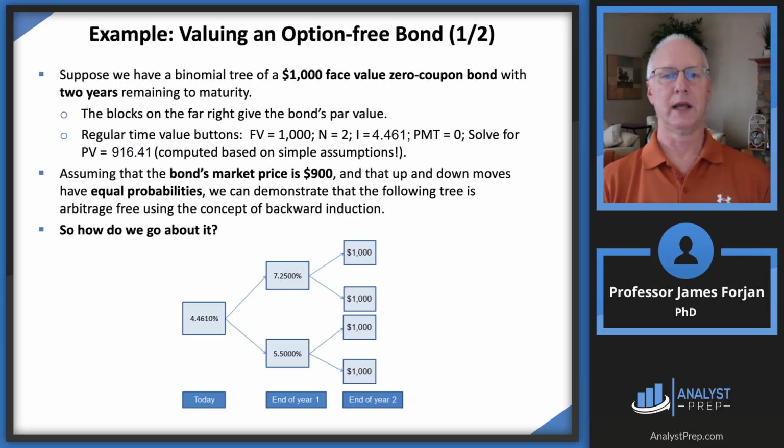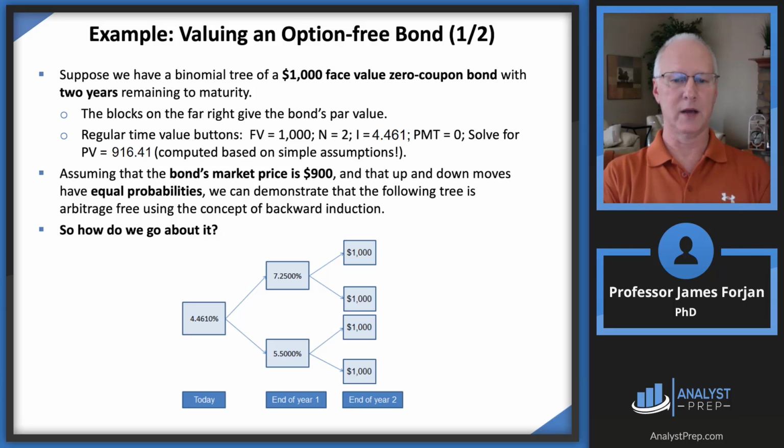Let's go ahead and take a look at an example. Let's suppose we have a binomial tree, $1,000 face value, 0 coupon bond, 2 years to maturity. All right, so notice there's our tree going to the right. So there's today, time period 0, end of time period 1, end of time period 2. We'll just call this a 2-year bond.